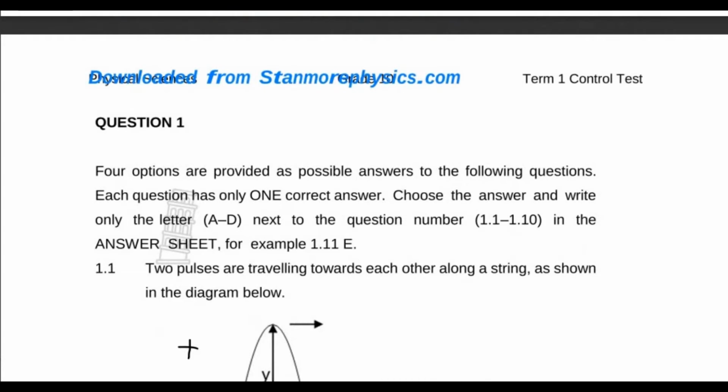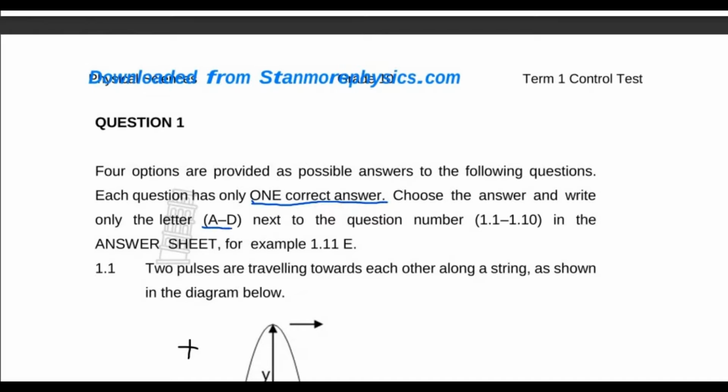And we can read this question together. So question 1 says, four options are provided as possible answers to the following questions. Each question has only one correct answer. Choose the answer and write only the letter.